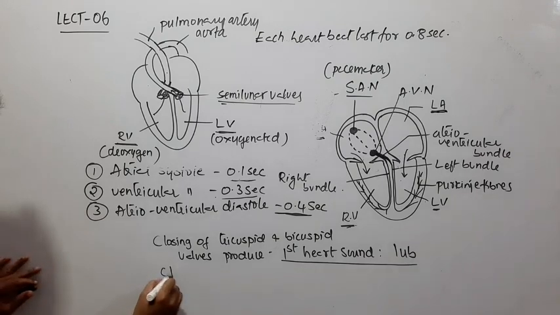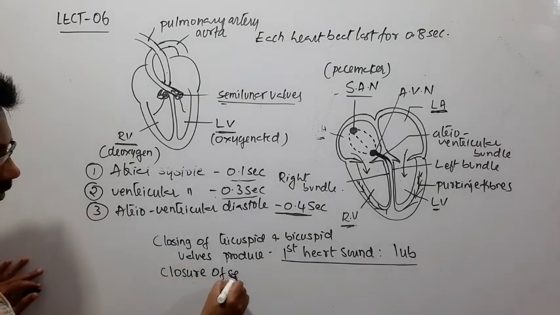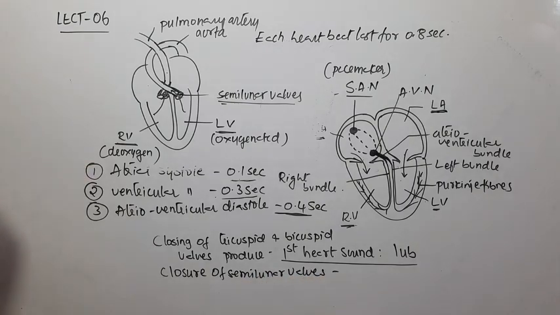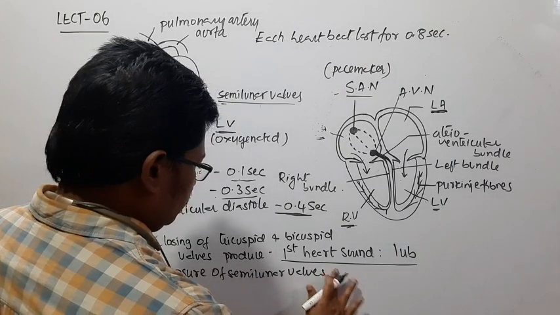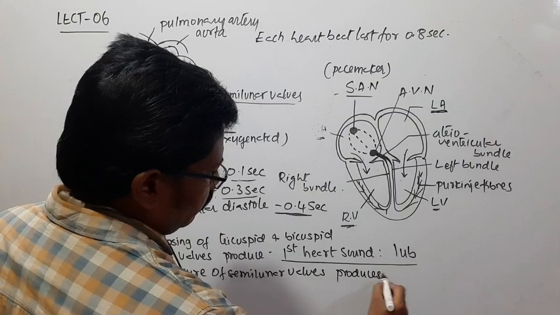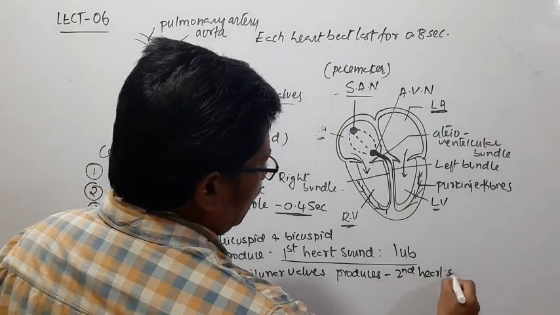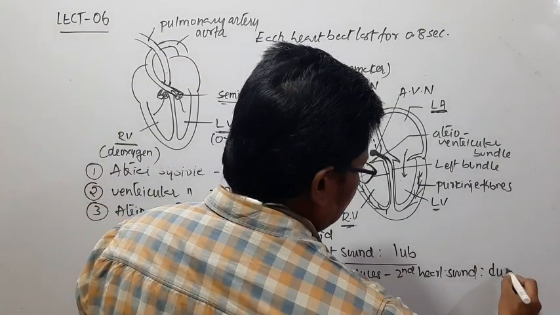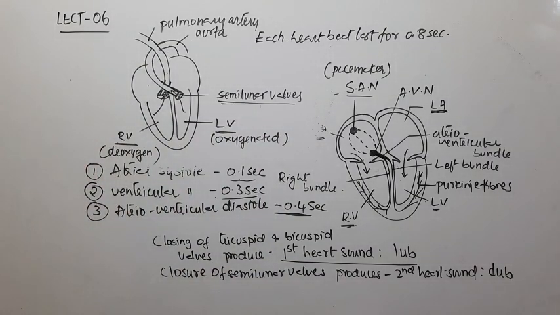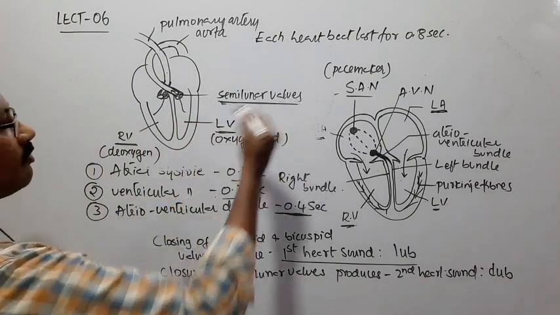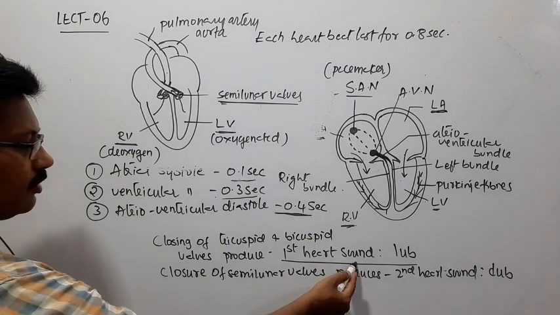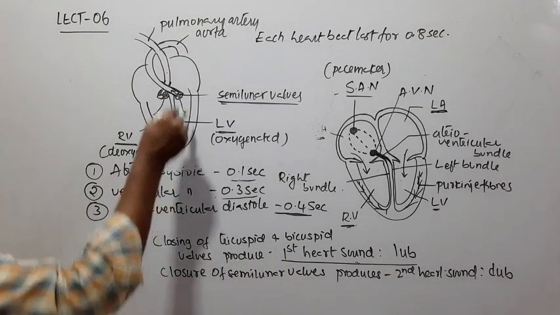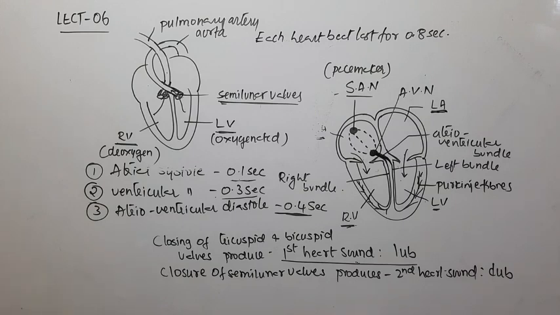And now the closure of the semilunar valves produces the second heart sound, and that is dub. So the second heart sound is produced when semilunar valves are closed. The first heart sound is produced when the tricuspid and bicuspid valves are closed. Right. So this is the cardiac cycle.